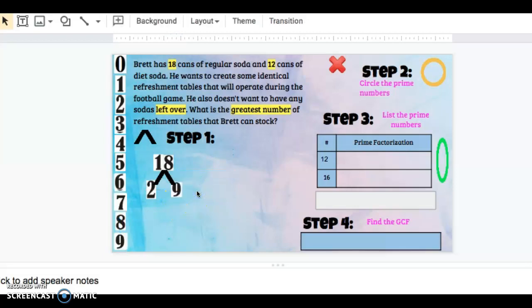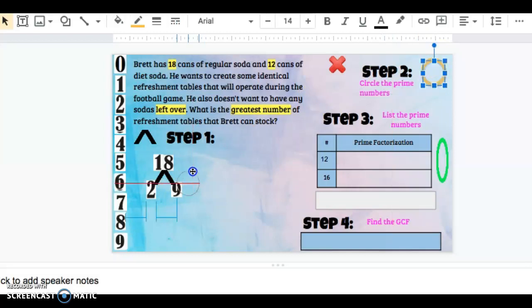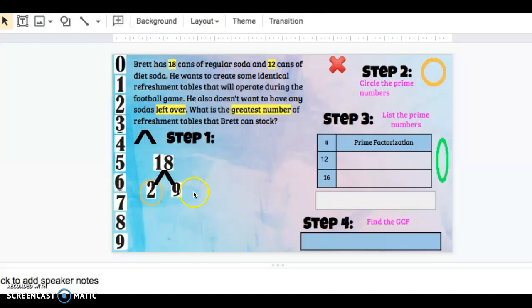Okay, now I gotta look here. My prime numbers are 2, 3, 5, 7, 11, 13. I see 2, so I'm going to circle 2. Now I have 9. Looking at 9, well, I know 1 times 9 goes into 9, and I also know 3 times 3 goes into 9.